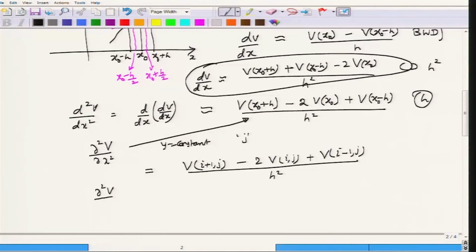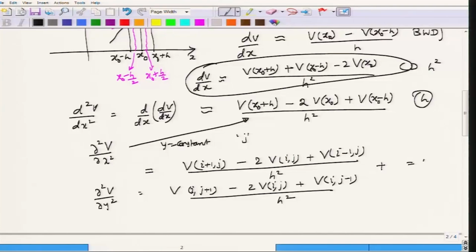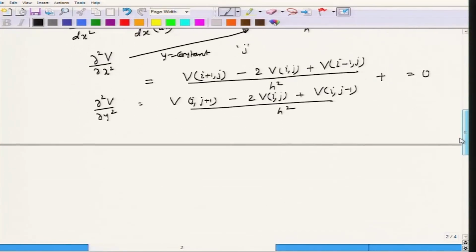Similarly, del square v by del y square will be equal to v of i comma j plus 1 minus 2 v of i comma j plus v of i comma j minus 1, divided by h square. If I add these two and then take the result equal to 0, that would be the numerical approximation, or discretization, of the Laplace's equation.